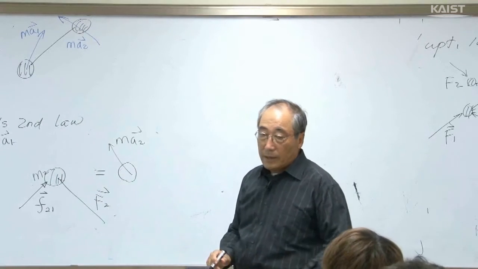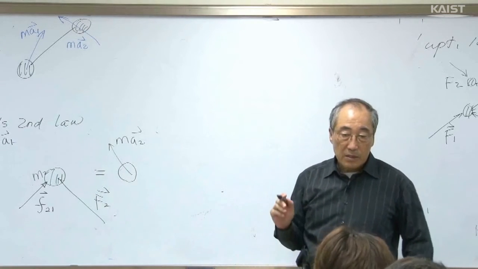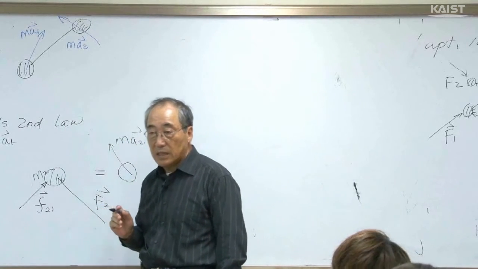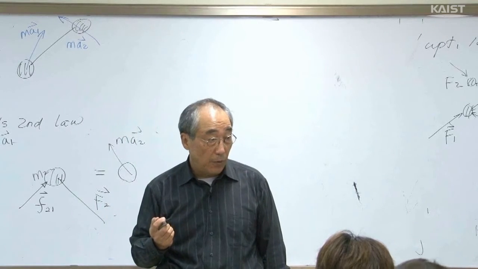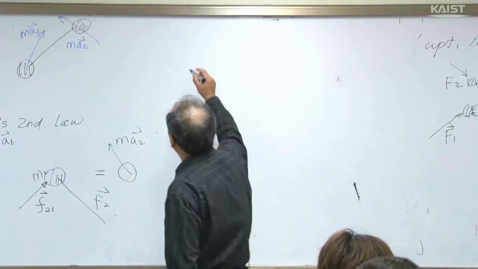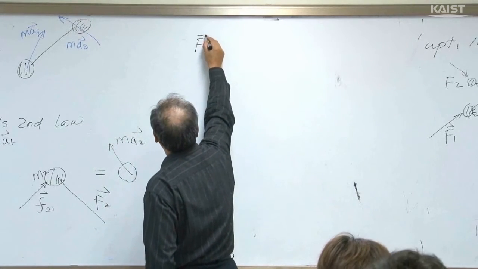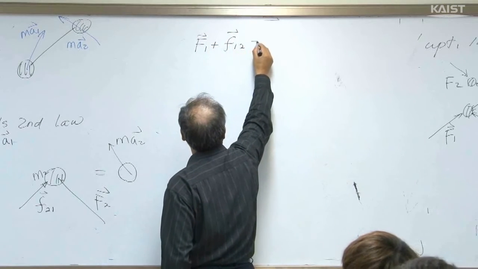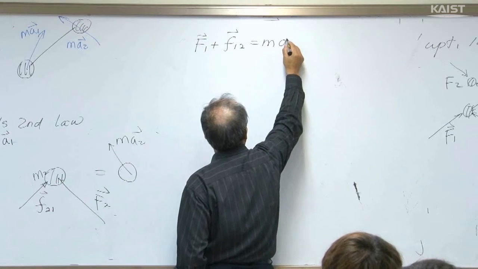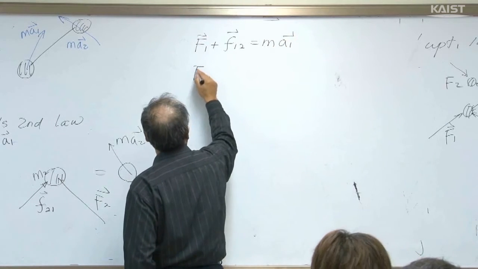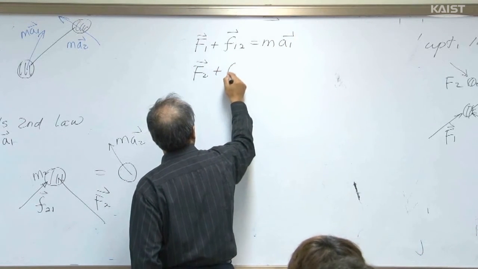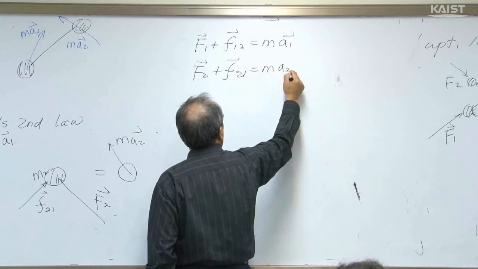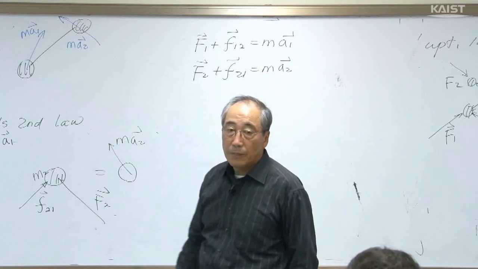Now, let me write down this graphical equation in terms of the coordinate I select, or in vector form. Then I can write simply F1 plus F12 is equal to ma1, and F2 external force plus F21 equal to ma2. Right?